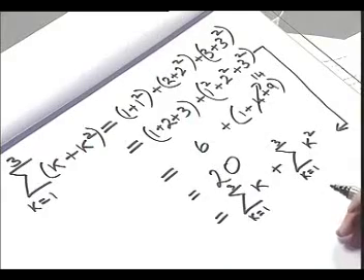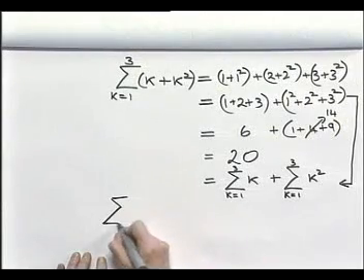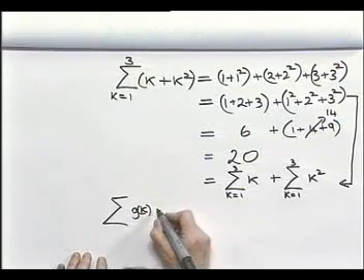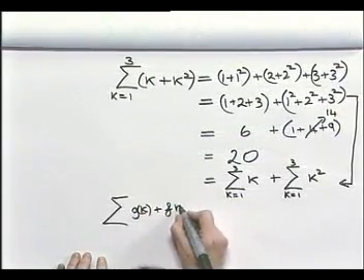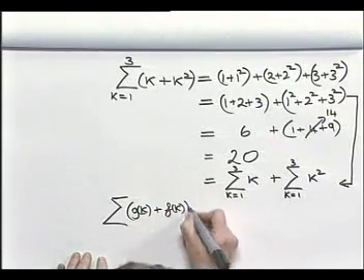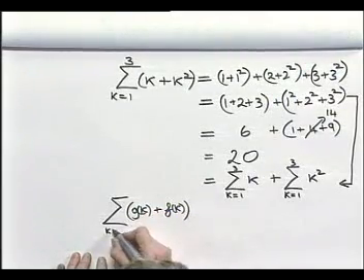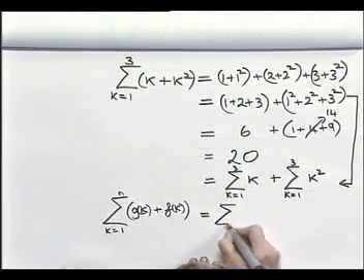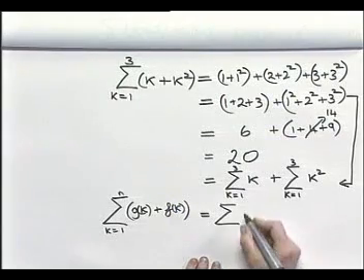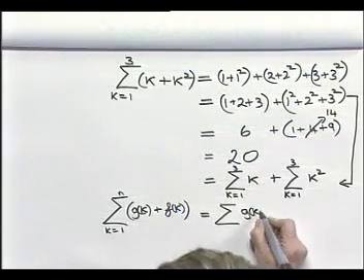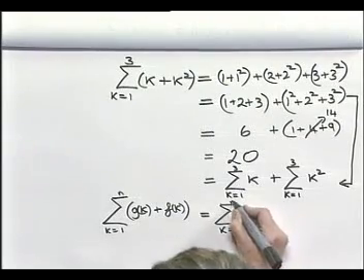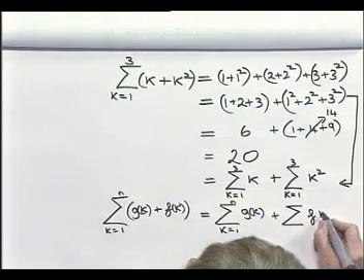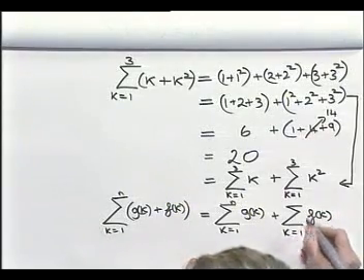So to write this more generally, we can say that the sum of a function of k added to another function of k, from k equals 1 to n, must equal two separate sums: the sum of g of k from k equals 1 to n plus sigma f of k from k equals 1 to n.